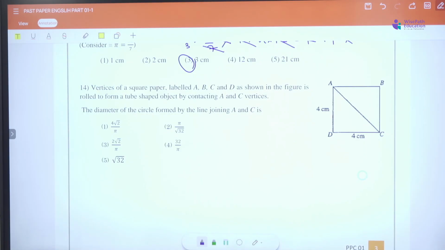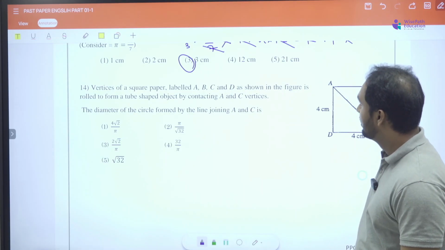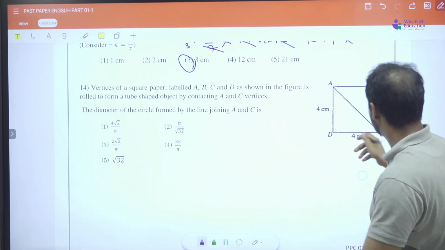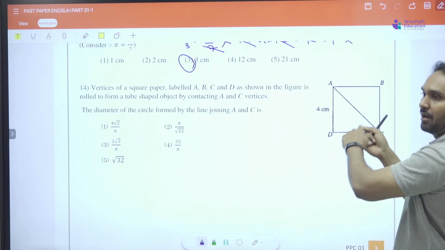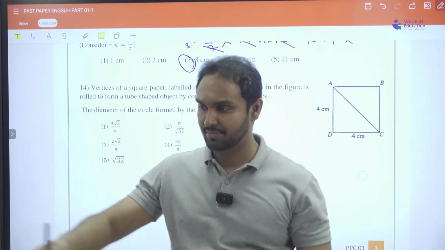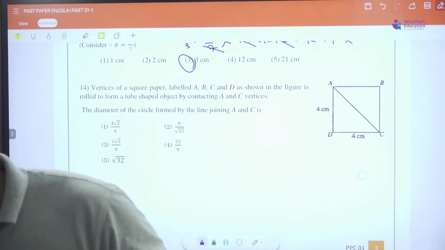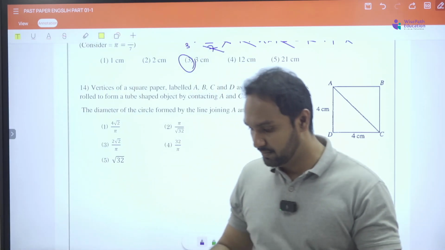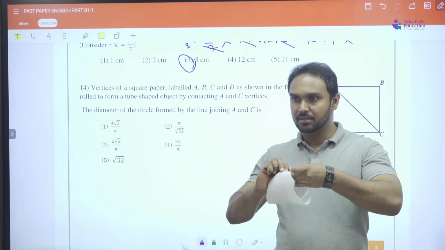Yes. Two vertices, right? A and C vertices. So take these two and bring them together like this. Think of this as a square. So they are touching two of the vertices like this.